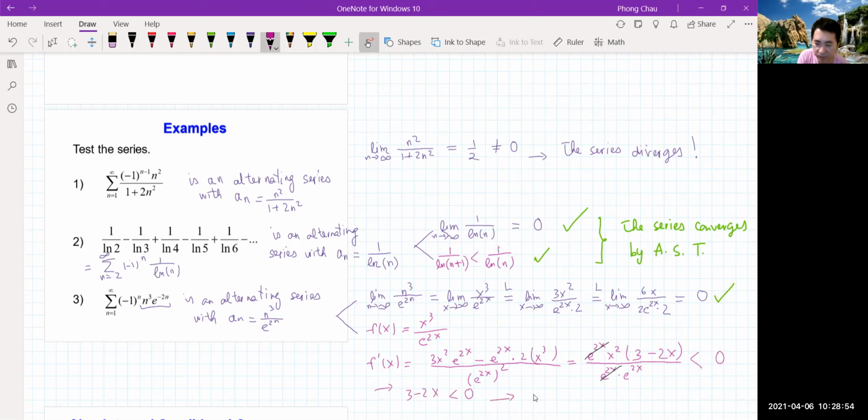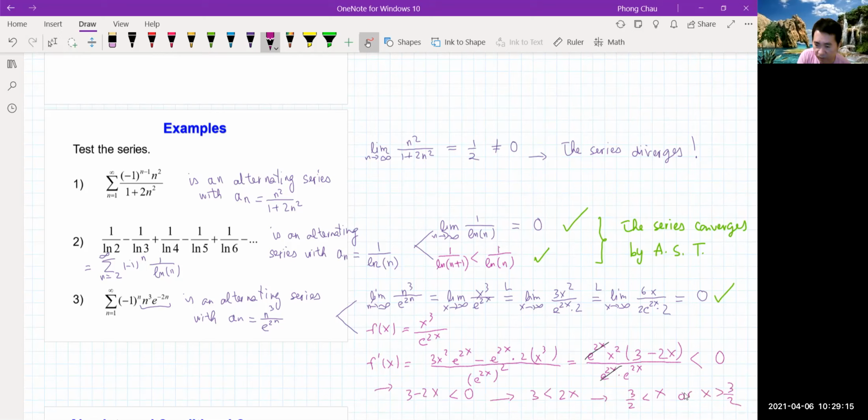Solving for x, I have 3 less than 2x, or 3 halves less than x, or x greater than 3 halves, right?